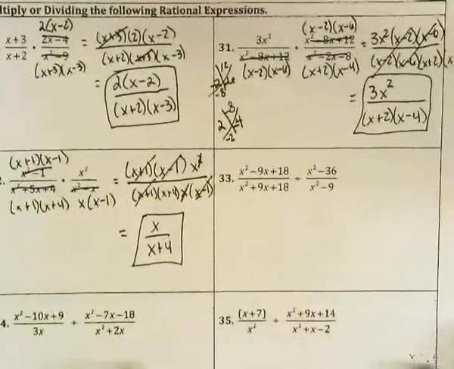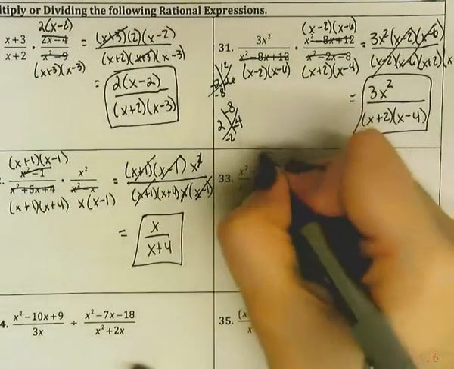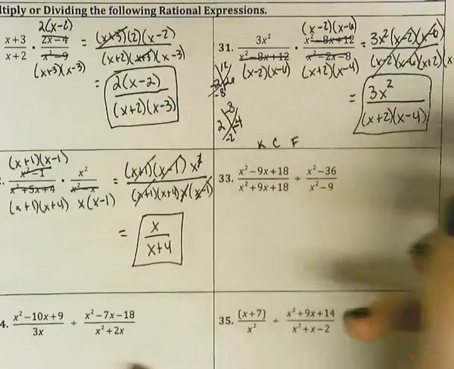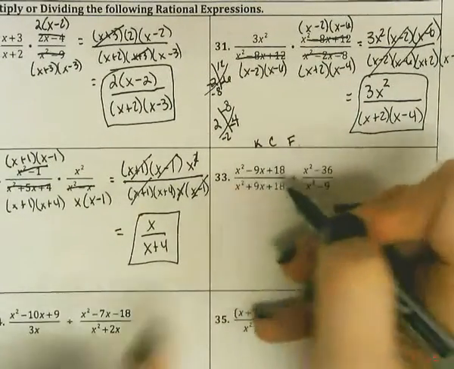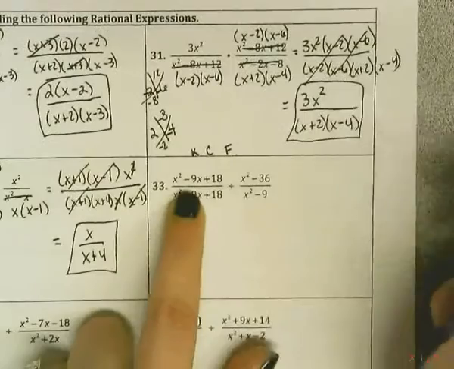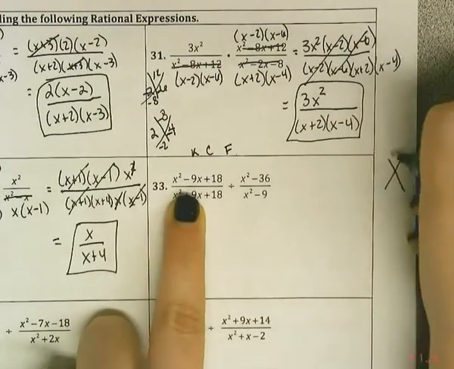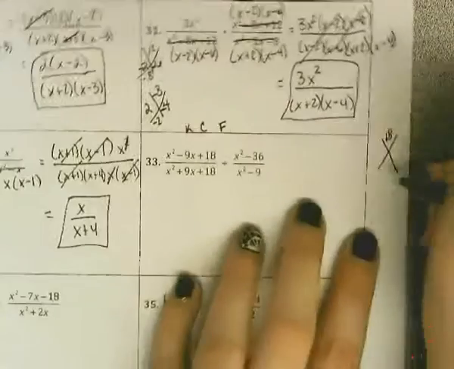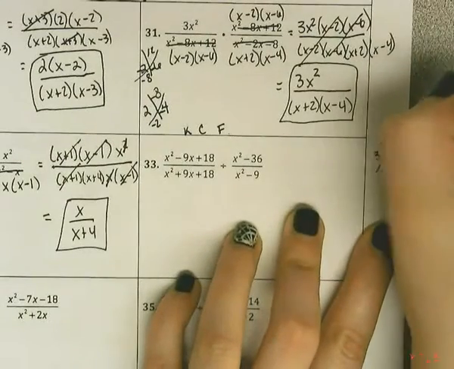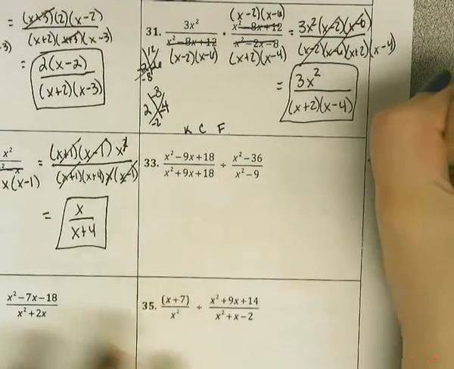Okay? When we divide, we keep, change, flip. Keep, change, flip. So let's factor this. We have x squared minus 9x plus 18. So 18 on the top, negative 9. 3 and 6, make them both negative.